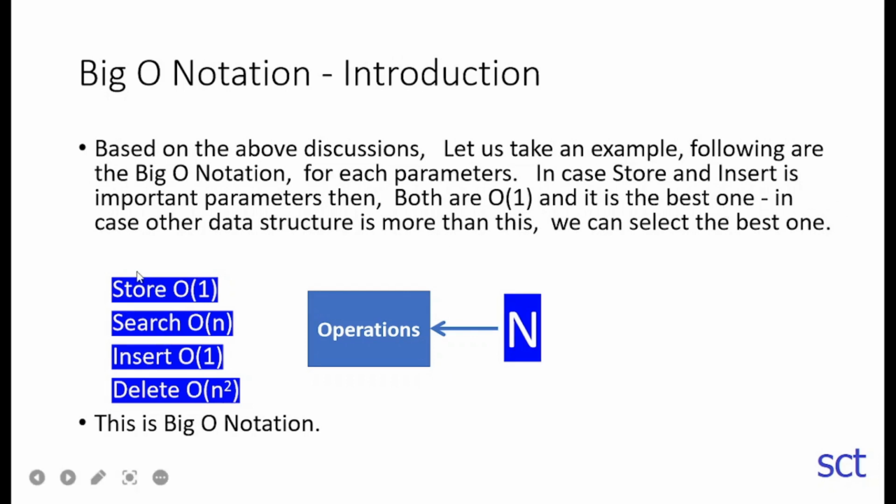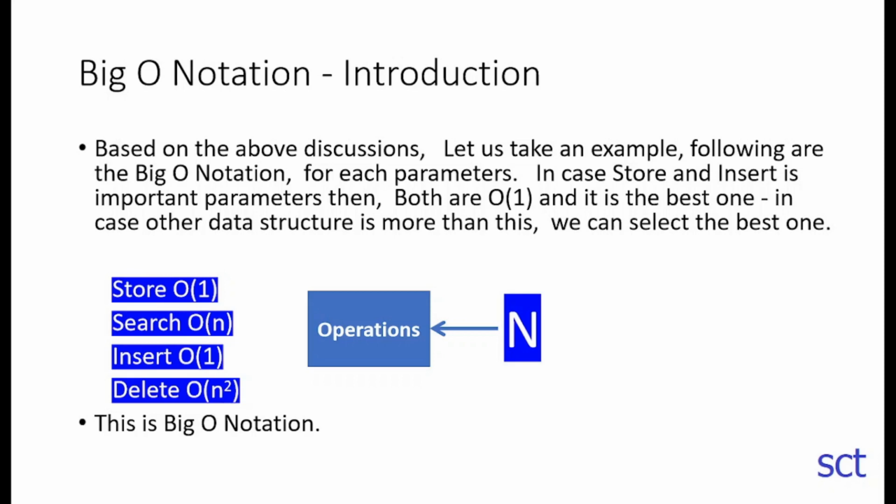For example, for a particular function to execute, for storing it requires O of 1, for searching it is O of n, for insert it is O of 1, and delete is O of n square. For n number of operations you perform the same, you get the same parameter here. This is for one data structure, and in another data structure you may have different values.